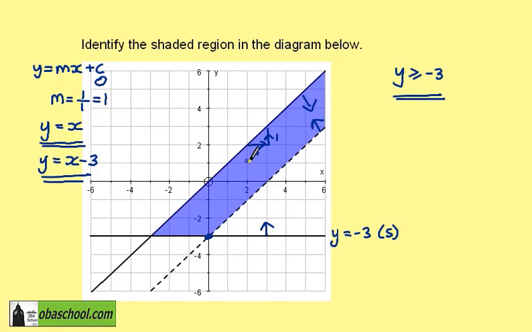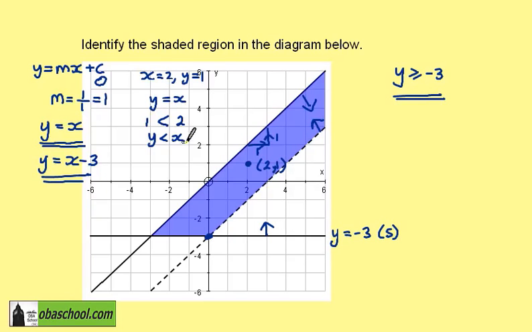We need a test point. Let's take this point, the point 2, 1. So x is 2 and y is 1. Looking at y equals x, if we have y is 1 and x is 2, we can see the correct inequality is 1 is less than 2.